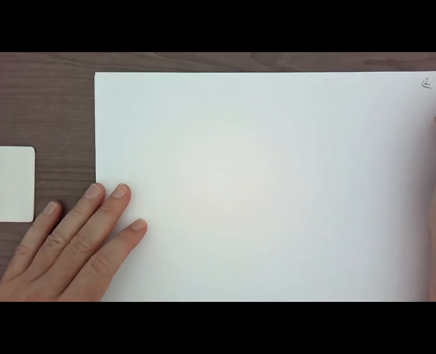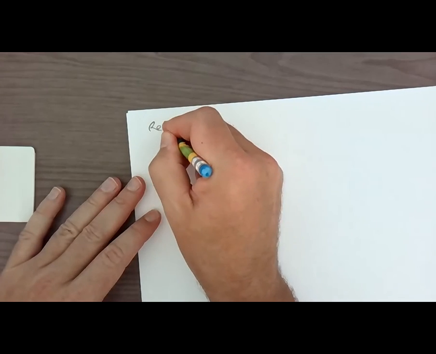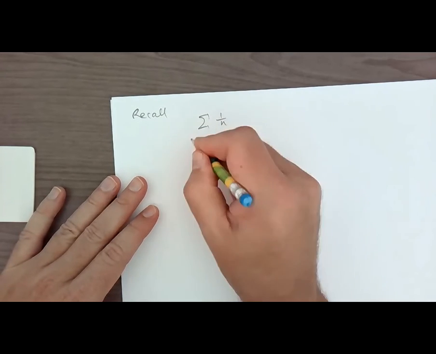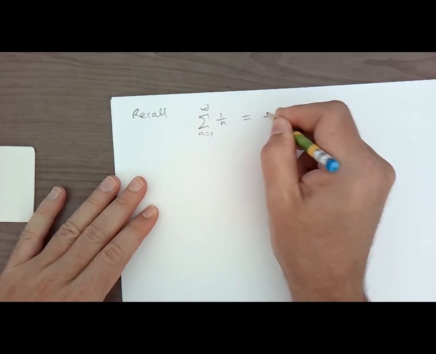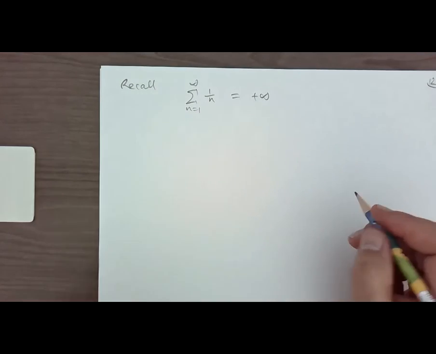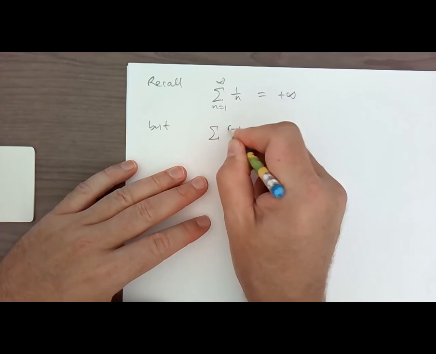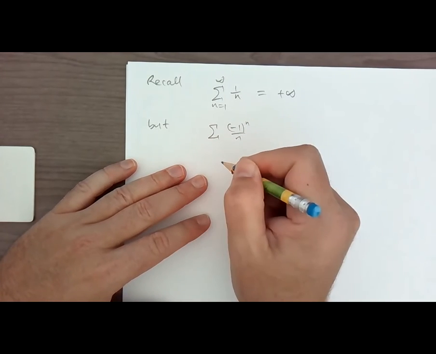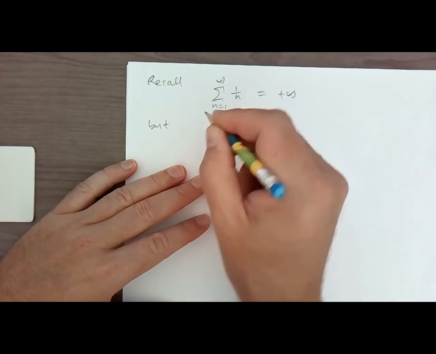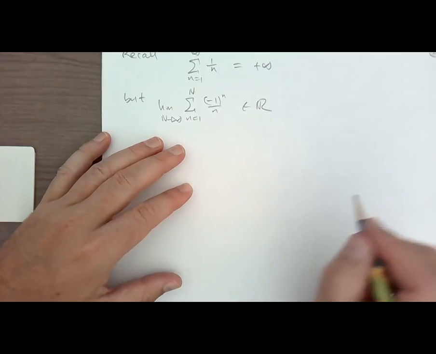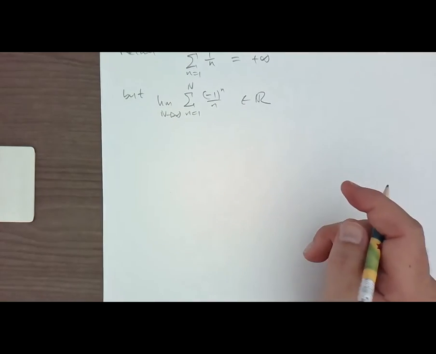That's this exercise 271 that I prepared for you guys to have a look at too, right? So recall that if I sum 1 over n, this is plus infinity. We did that, but if I alternate, minus 1 to the nth over n, and I take a limit, this thing is actually in R. So how would one prove that?